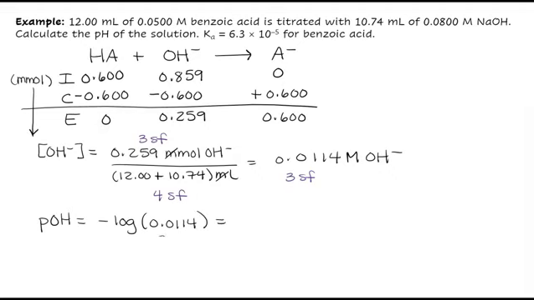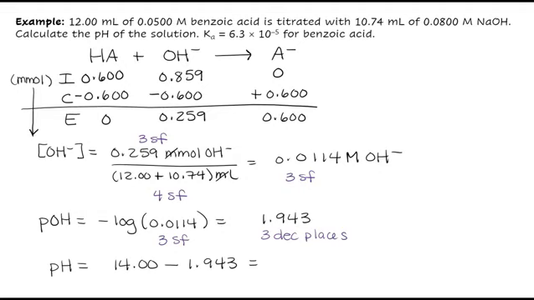Because our log term has 3 sig figs, our pOH will end up having 3 decimal places. So taking the negative log of 0.0114, we get a pOH of 1.943. And then our last step is to calculate the pH, and we get that by taking 14.00 minus the pOH, 1.943.